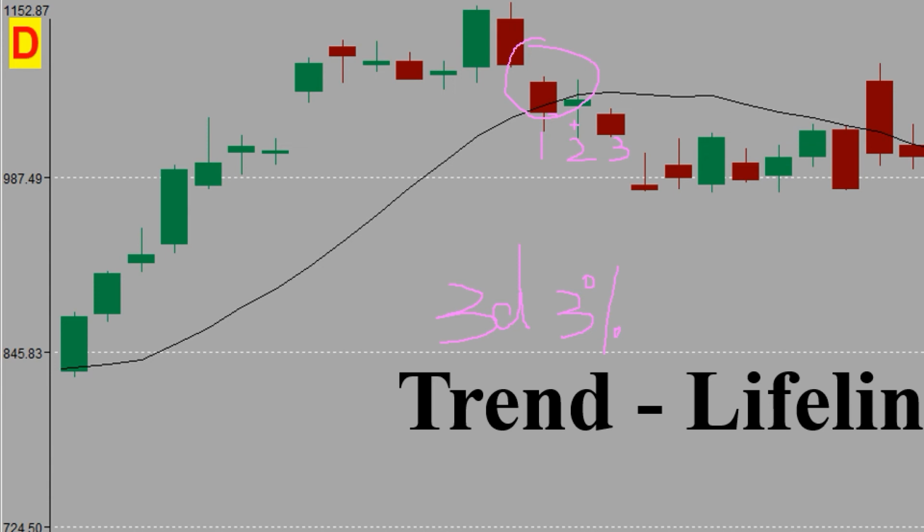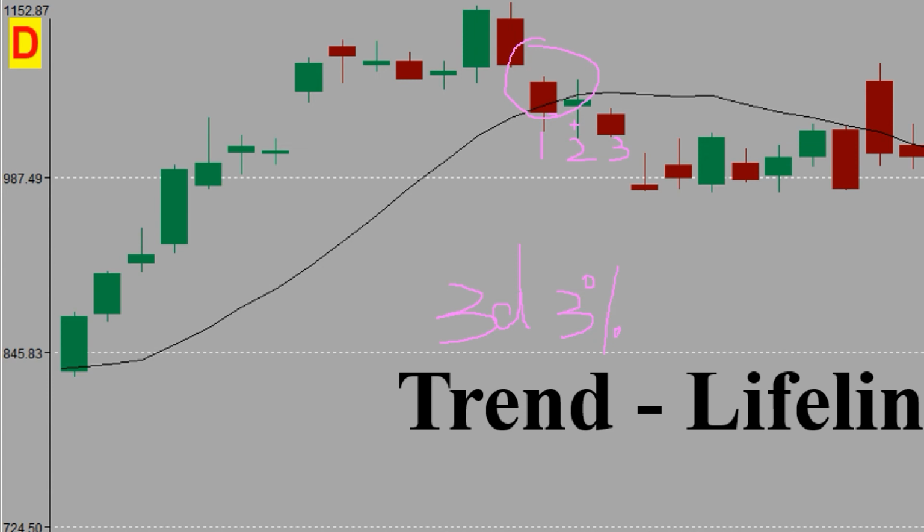So it means this breakdown is effective, not a bearish trap, not a false signal. It really has broken down already. The stock has no life already. The big fish are flowing out already.